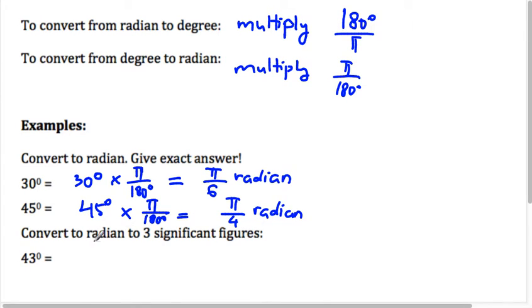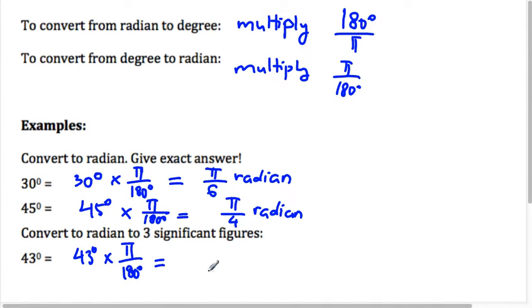So what happens if you have to convert to radian to 3 significant figures for something which is not a special angle? Then similarly, you will have to do 43 times pi over 180.